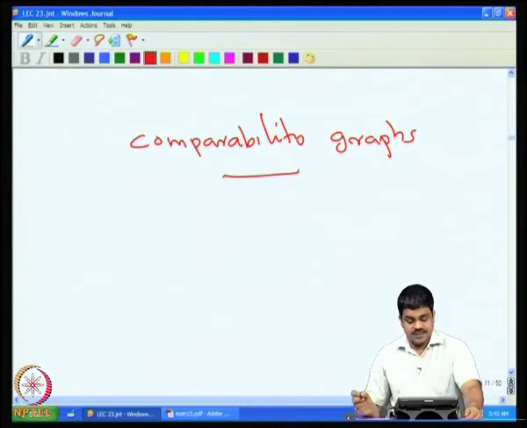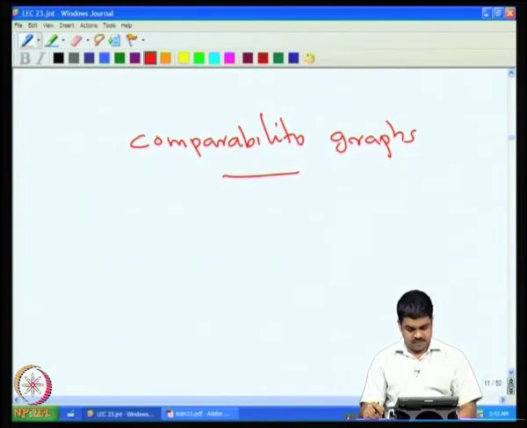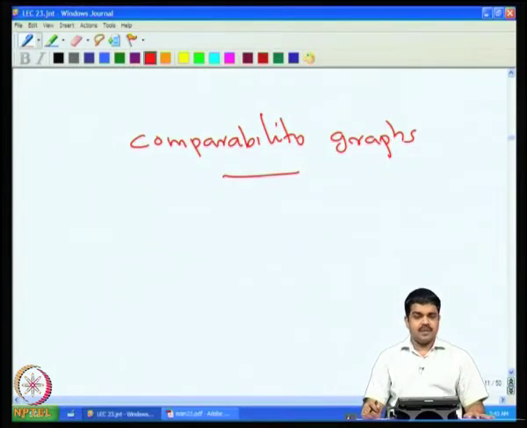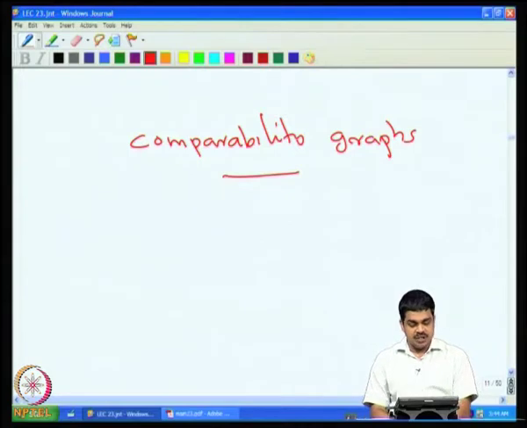Now, our question is, are comparability graphs perfect? So, as we can see, if you are given a comparability graph and if you consider its induced subgraph, naturally it is also a comparability graph.